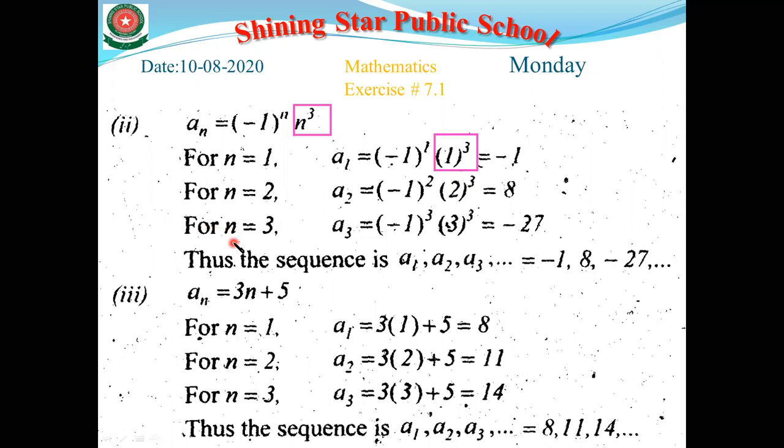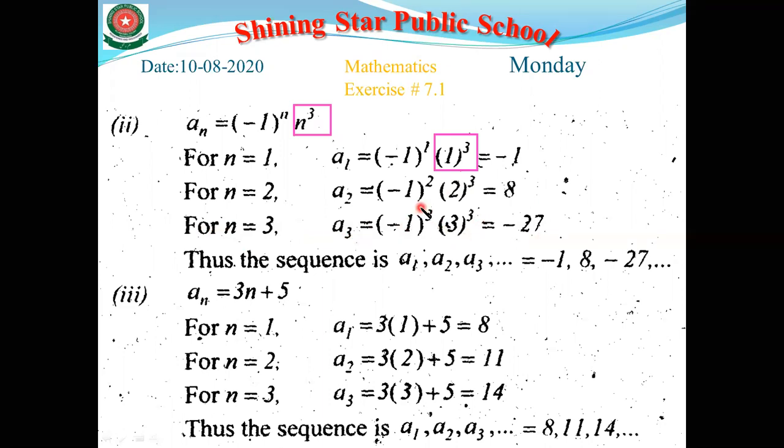Now for n equals to 3, when you put n equal to 3, it gives you a3, the third term, and a3 equals minus 1 whole cube multiplied by 3 cube. Minus 1 whole cube becomes minus 1, and 3 cube is 27.